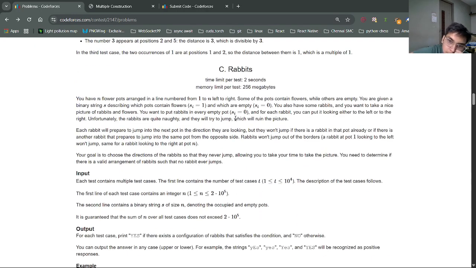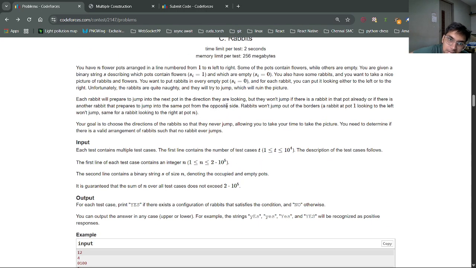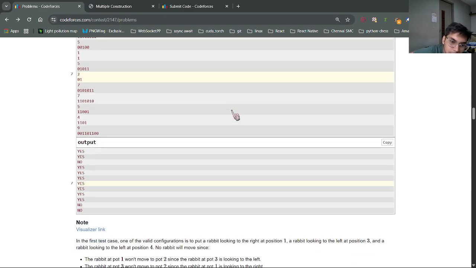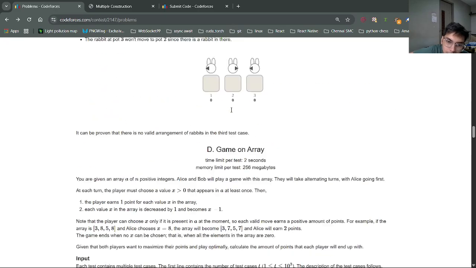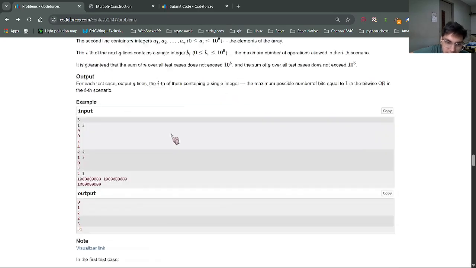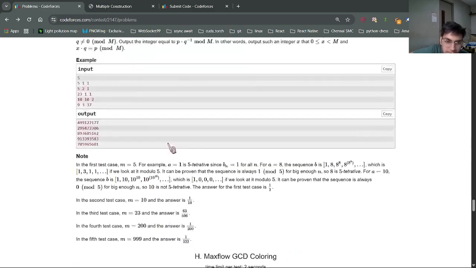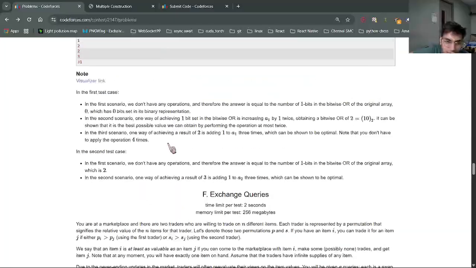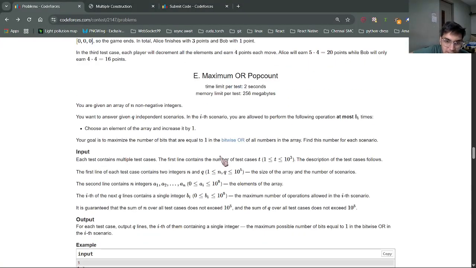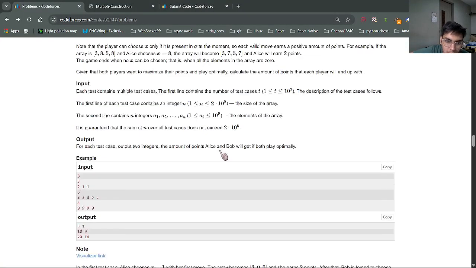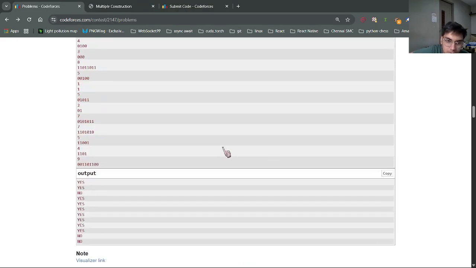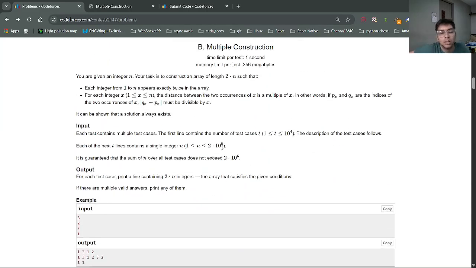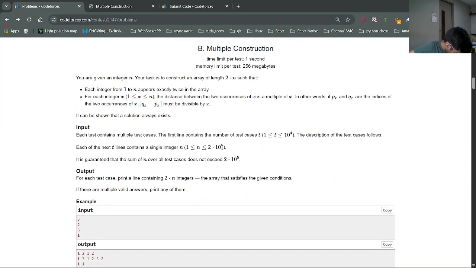Yeah, let's just see this issue. It's nice that they're giving the visualizer links for every question, or not for every question. I think these are kind of visualizable questions. Why isn't B happening? Oh God.